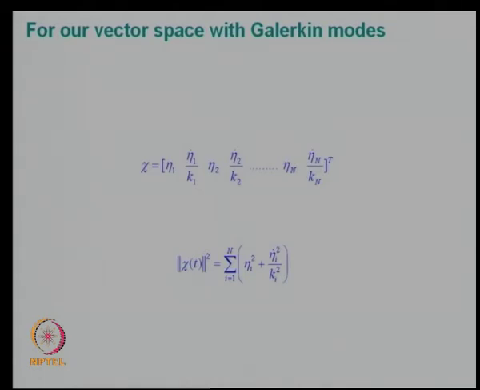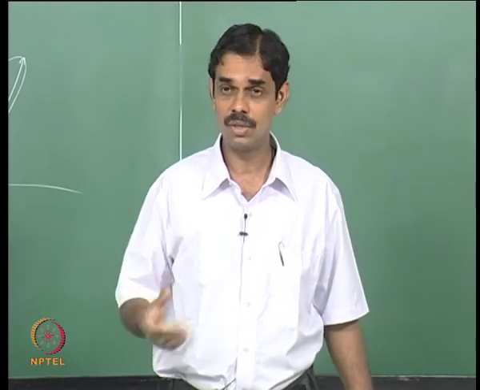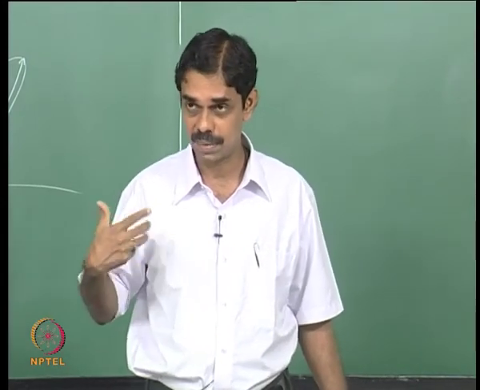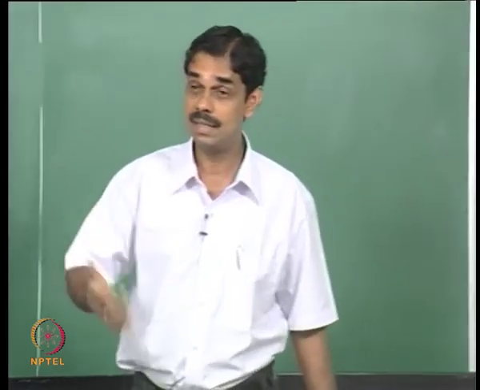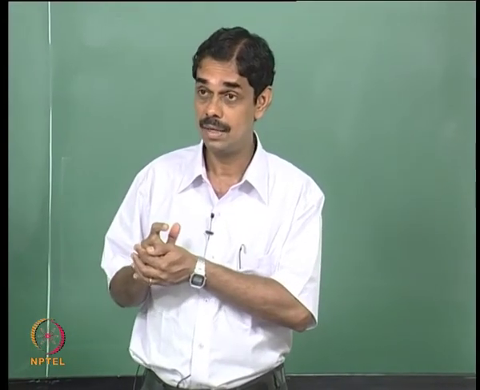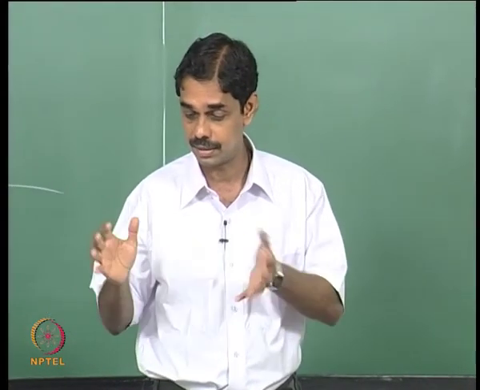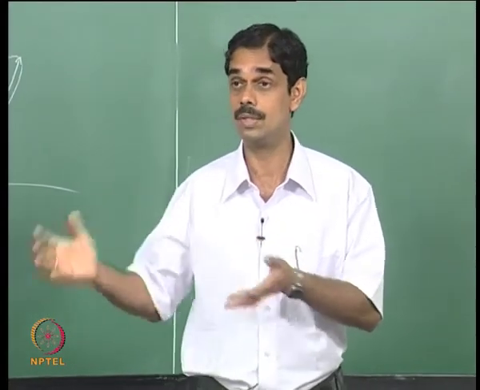Pressure was like sine, so velocities were like cos, so velocity was like eta 1 cos pi x plus eta 2 cos 2 pi x plus eta 3 cos 3 pi x. So this cos pi x, cos 2 pi x, cos 3 pi x, they are the basis functions, like the i, j, k in our vector space. And similarly eta 1 dot over k1 is the coefficient of sin j pi x, they are also basis functions.